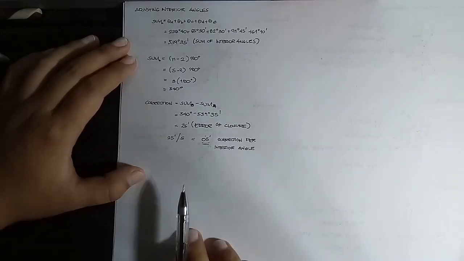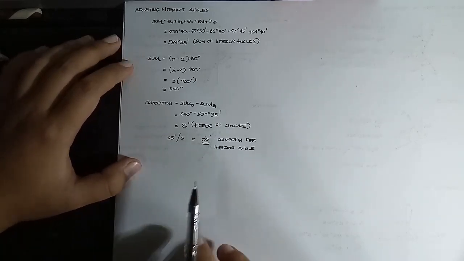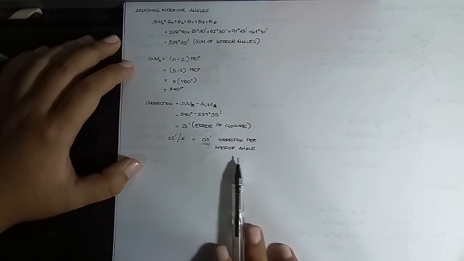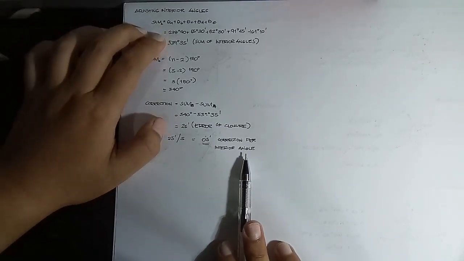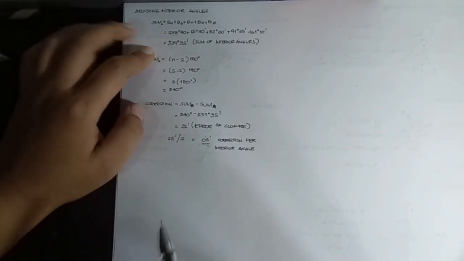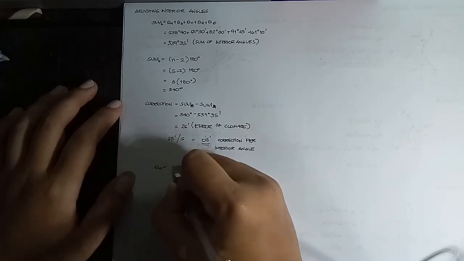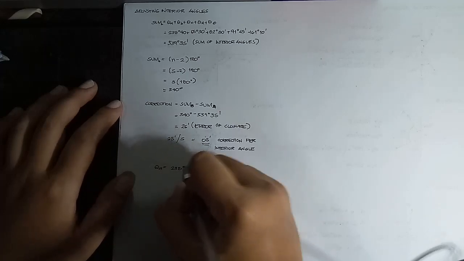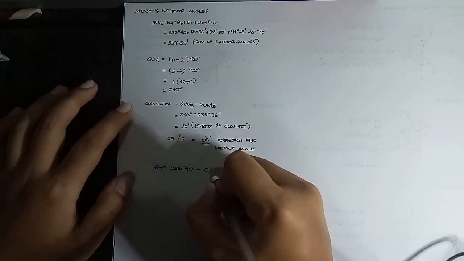Now, yung gagawin naman natin is i-add natin yung correction per interior angle doon sa mga interior angles natin. Since mas mababa yung sum A kaysa sa sum B. So, ang mangyayari for interior angle A, ang kalalabasan niya is 238 degrees and 40 minutes plus yung 5 minutes natin.